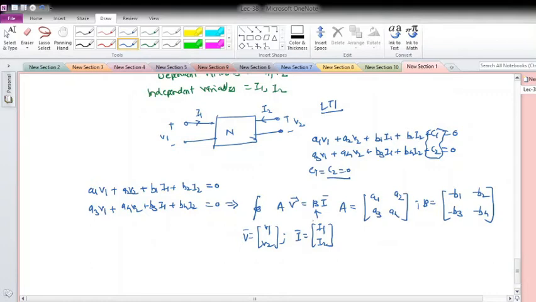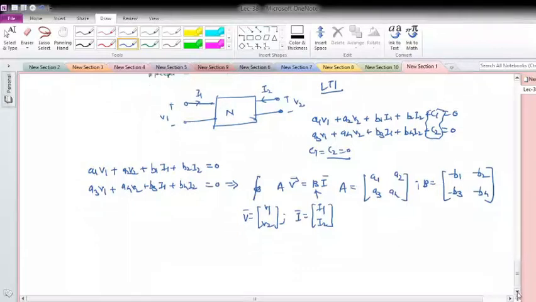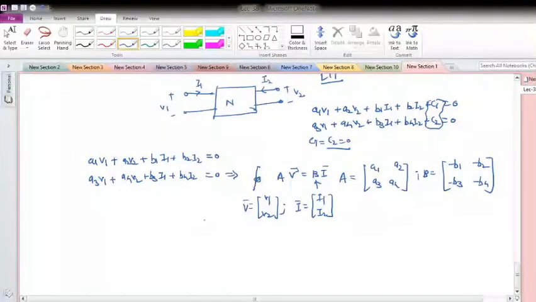Now according to my convention, I can write the voltages in terms of currents. So the V vector will be equal to A inverse into B into I. A inverse will exist only when the determinant is not equal to 0. If the determinant is equal to 0, there is no existence of this.